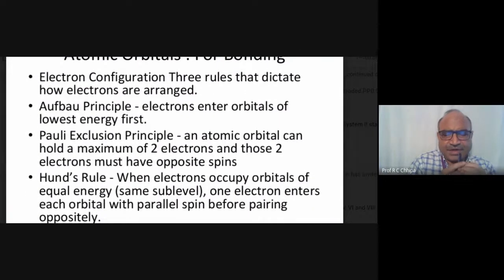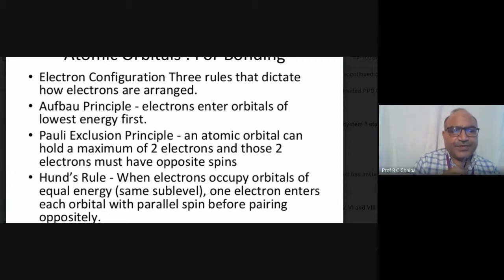Now, electron configuration. This is important and relevant. There are three rules that dictate how electrons are arranged. The Aufbau principle, all of you know well: electrons enter orbitals of the lowest energy first.